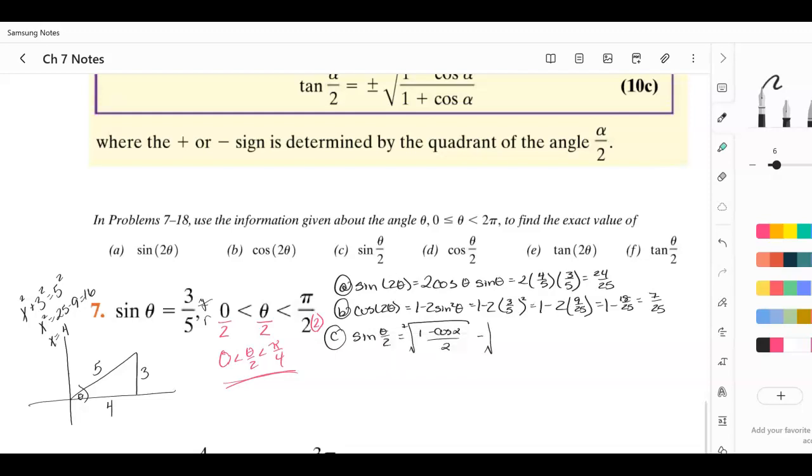So 1 minus 4 over 5, over 2. And we're just going to simplify. So that's going to be 1/5 over 2, which is going to be 1 over 10. And that's 1 over square root of 10. And if we rationalize, we get square root of 10 over 10.